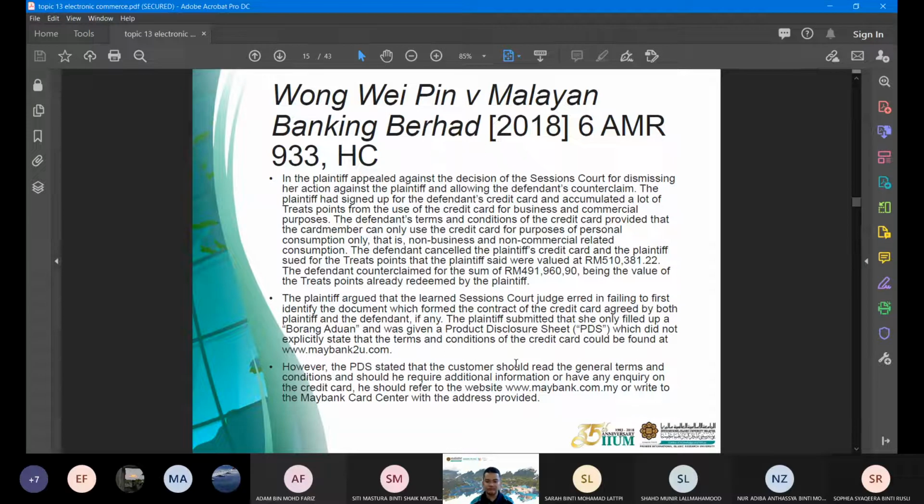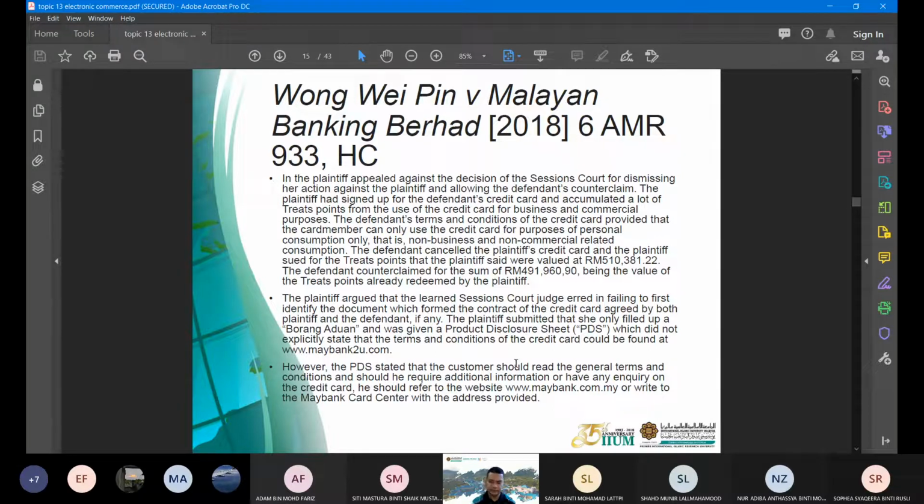The defendant here, they have used the credit card, and now the plaintiff is claiming for the trip points that amount to almost 500,000.